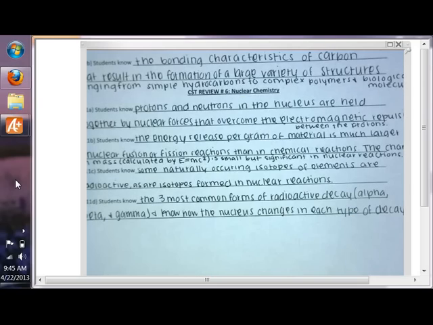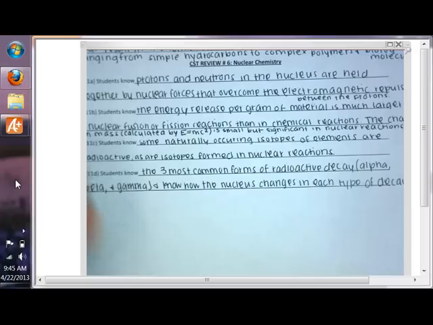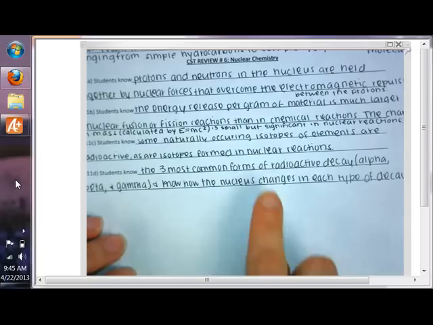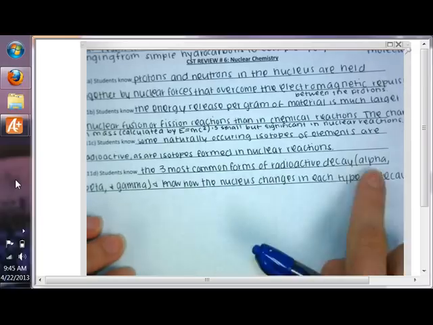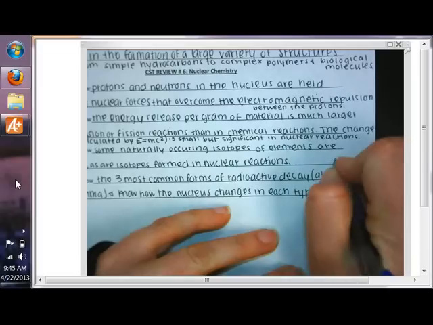Now, as the alphabet increases, A, B, G, the radiation gets stronger, okay, and it can harm you more. So for alpha radiation, to protect yourself, all you would need is a piece of paper.